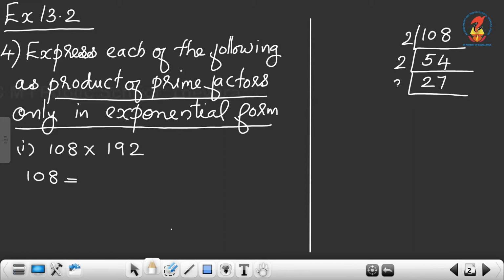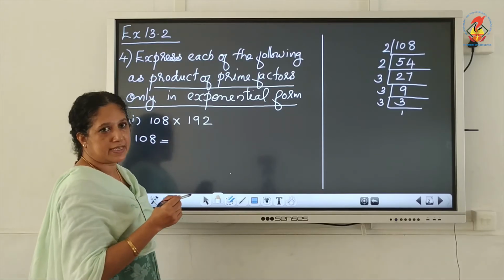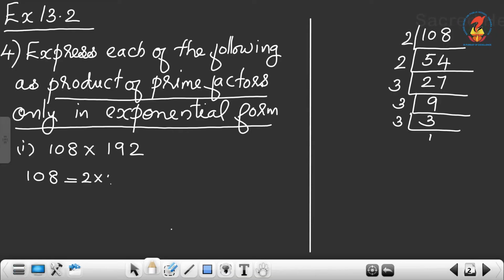Then 27 we can do with 3, 3 nines are 27. Again with the 3, 3 threes are 9, 3 ones are 3. Then write all the 2's together and all the 3's together. So 2 into 2 into 3 into 3 into 3.